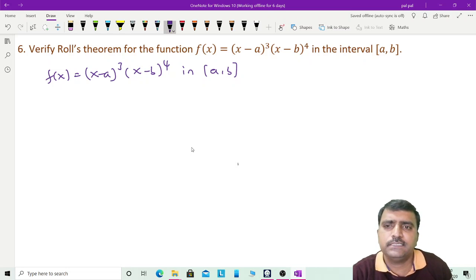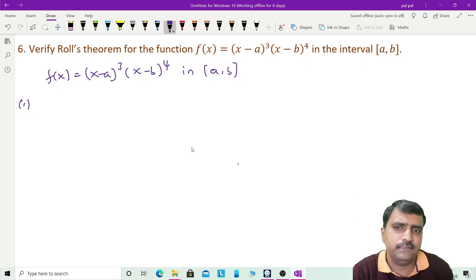Okay, first you take the continuity condition. So clearly it is a polynomial. So f of x is a polynomial in x, hence it is continuous in the interval a b.